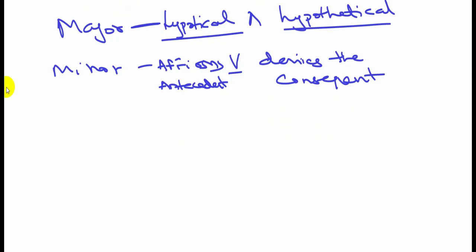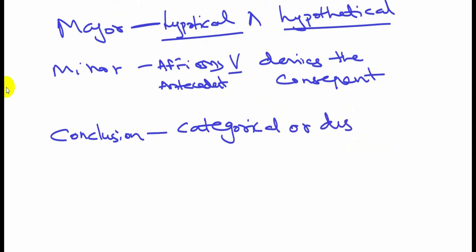And the conclusion is either a categorical or disjunctive argument or proposition. So we'll understand this by an example.